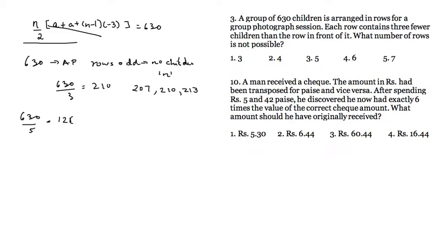I can easily construct those 5 rows by doing plus minus 3 on both the sides. So 126 in the middle, plus 3 on one side, so you have 129, and then you have 132, which is plus 6, and then this side will be minus 3, so 123 and 120. So as long as the odd number divides 630, it's always possible, right?